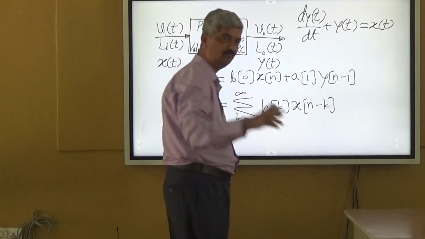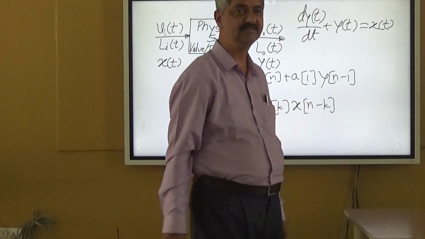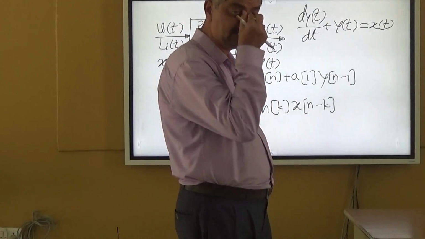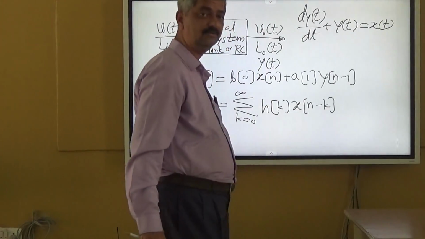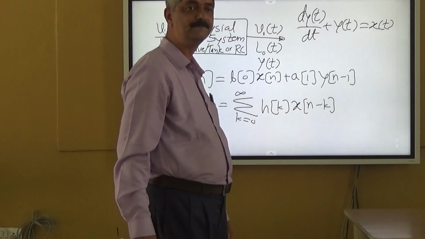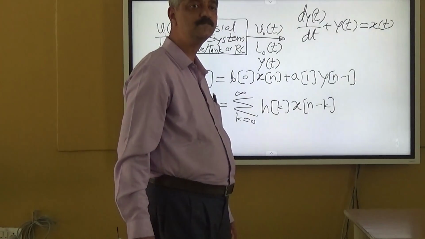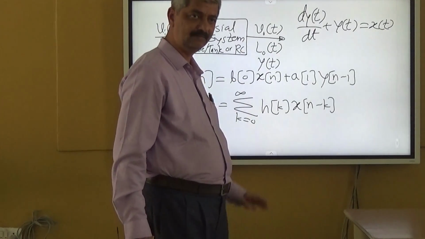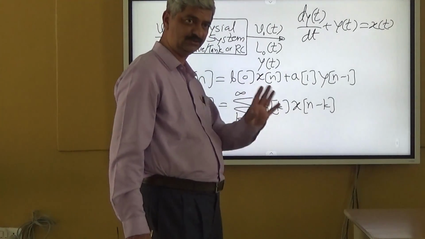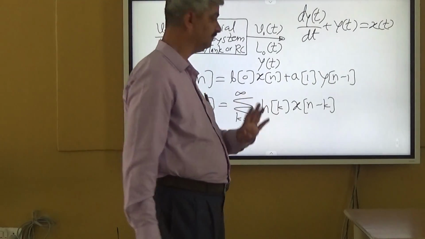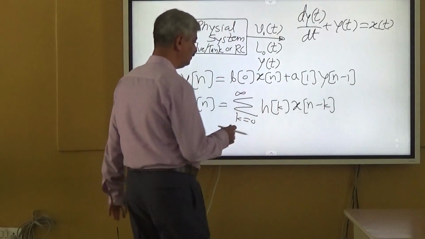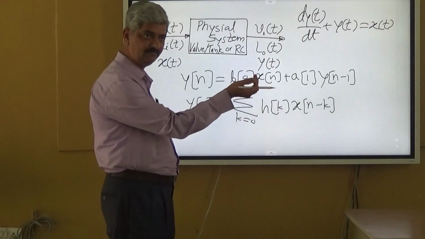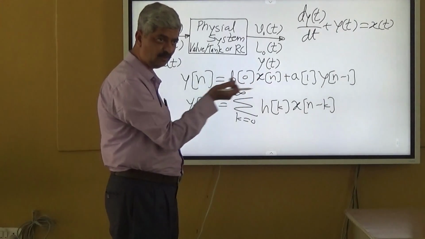What is the answer now? What is h[k] here in this case? h[k]? As we discussed last time, a to the power k. B into a to the power k. That is b0 into a raised to k, right? Is it okay? So b0 we can take outside, right?